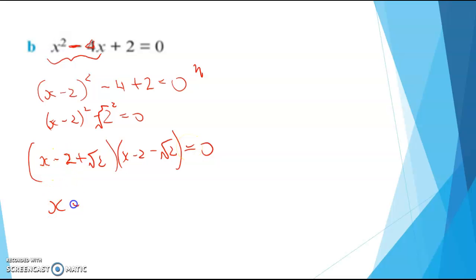And so x is, remember, because x has got a coefficient of 1 in front of it, just the opposite of minus 2 is plus 2. The opposite of plus root 2 is minus root 2. And the opposite of minus root 2 is plus root 2. So we have that solution.